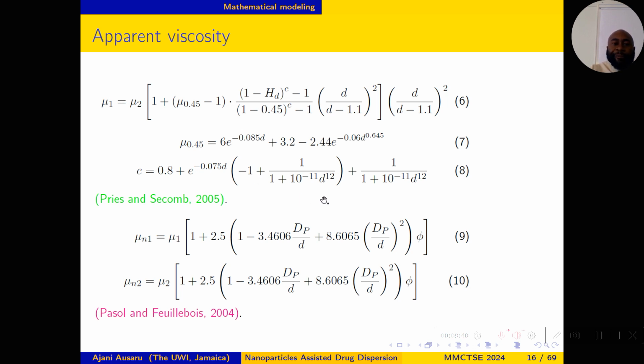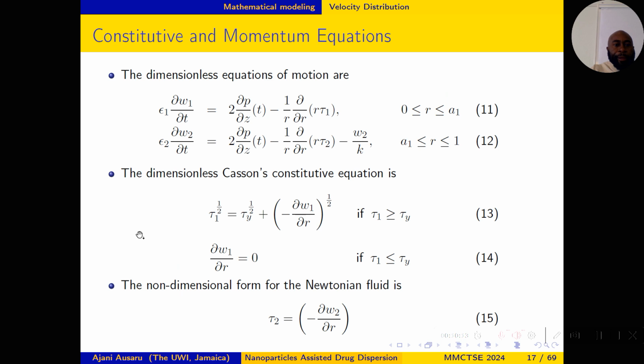Here, since we have nanoparticles infused, the apparent viscosity would change when nanoparticles are added, and so Pak and Cho in 1998 would have presented an adjustment to the model above, where dp is the diameter of the nanoparticles themselves, and phi is the volume fraction of the nanoparticles present, and mu n1 would be the apparent viscosity of the nanoparticle-infused solution.